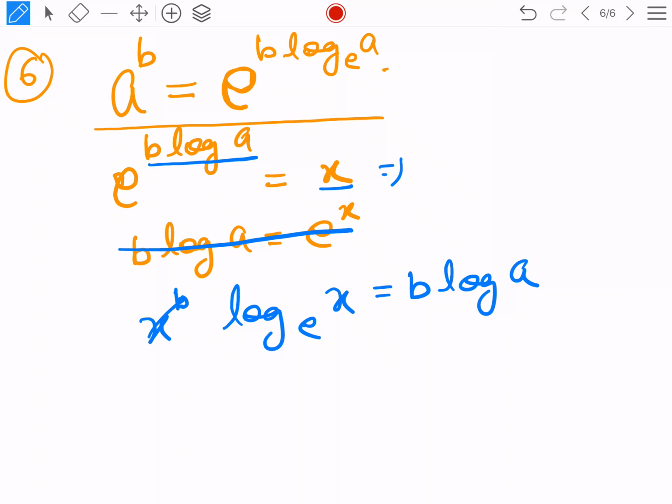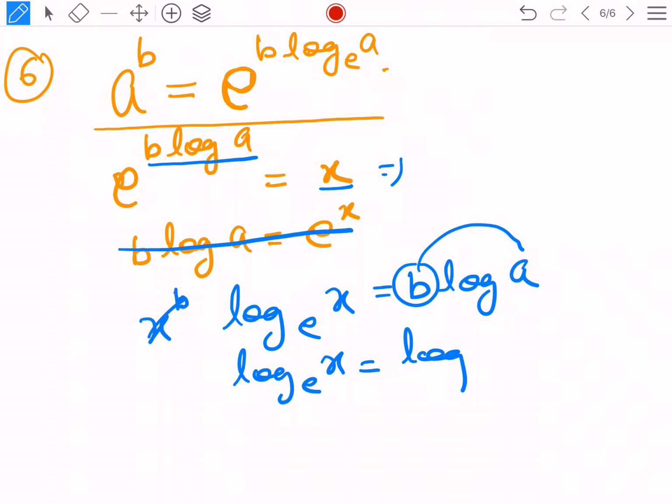This is the rule, and b log a can be converted in this way: log of x base e is equal to log of a to the power of b.